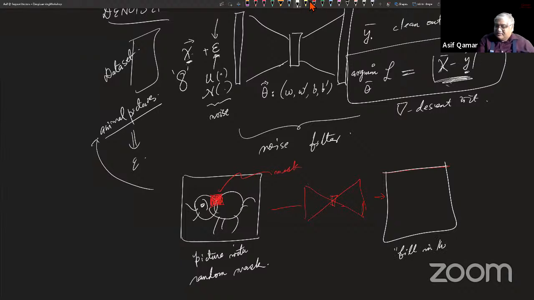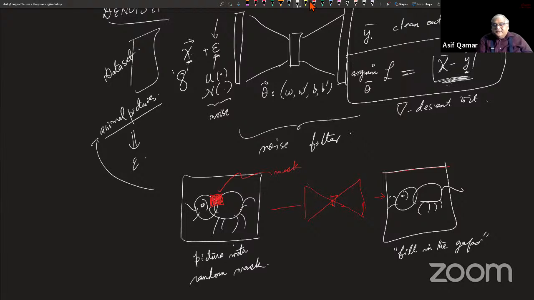It needs to be able to produce: these are the whiskers, here's the body, 4 legs, I should have 4 legs and 1 tail. Okay, there you go. You got back your cat fully, and there is no mask there.